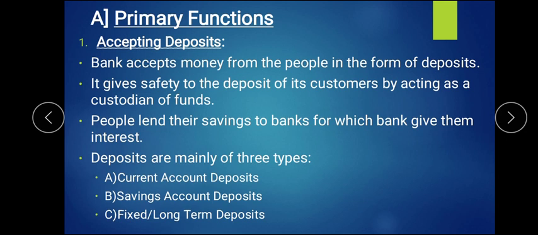Actually, not every year, but every 3 months, some interest is credited to your account. 4% is the interest rate given to us on our saving account by the bank. So people go with this saving account so that they get a certain amount of interest, and they feel that their money is safe, and whenever they want to withdraw, they can withdraw from this account. That's why the interest rate is very low.